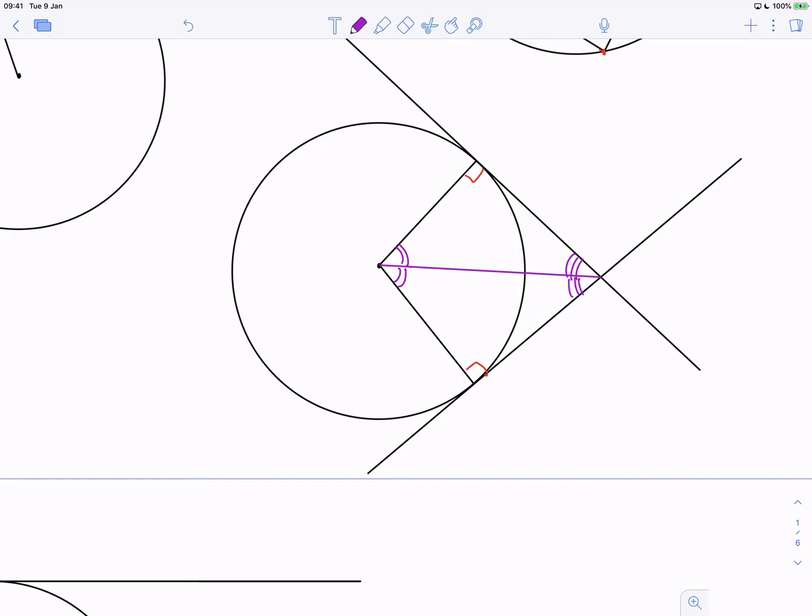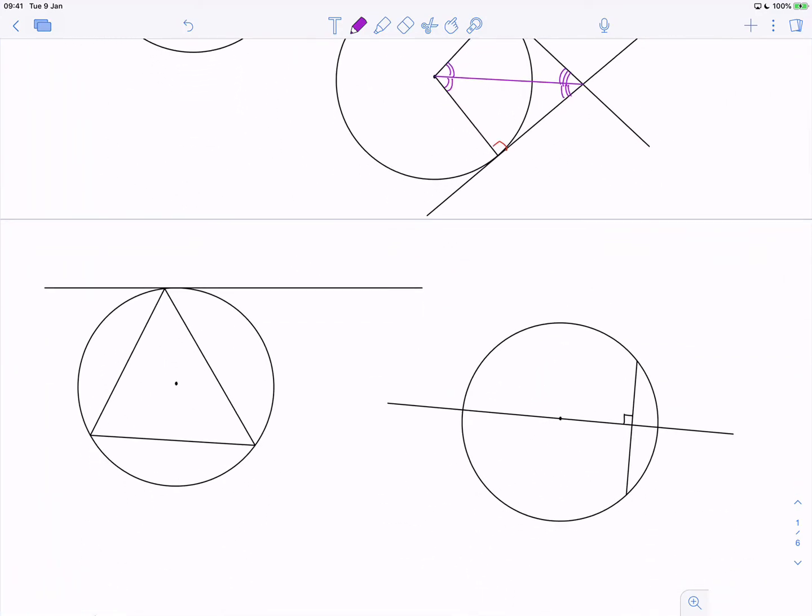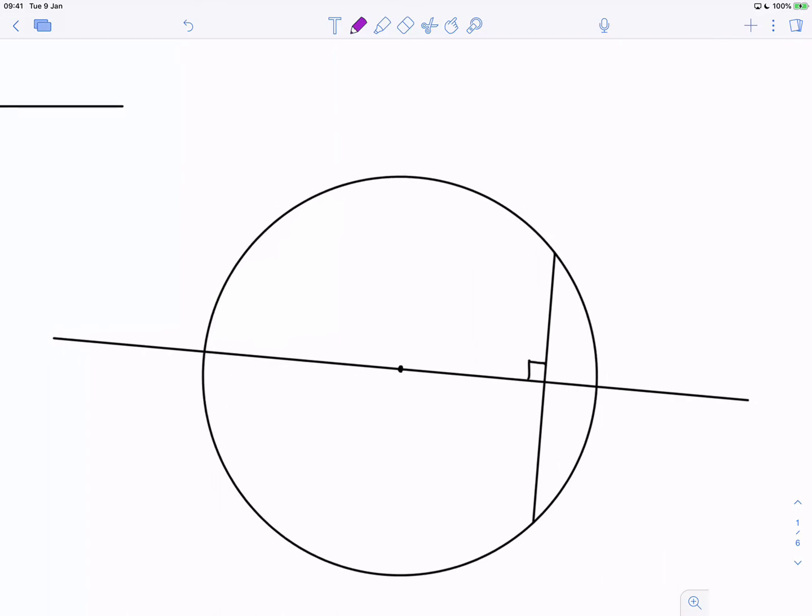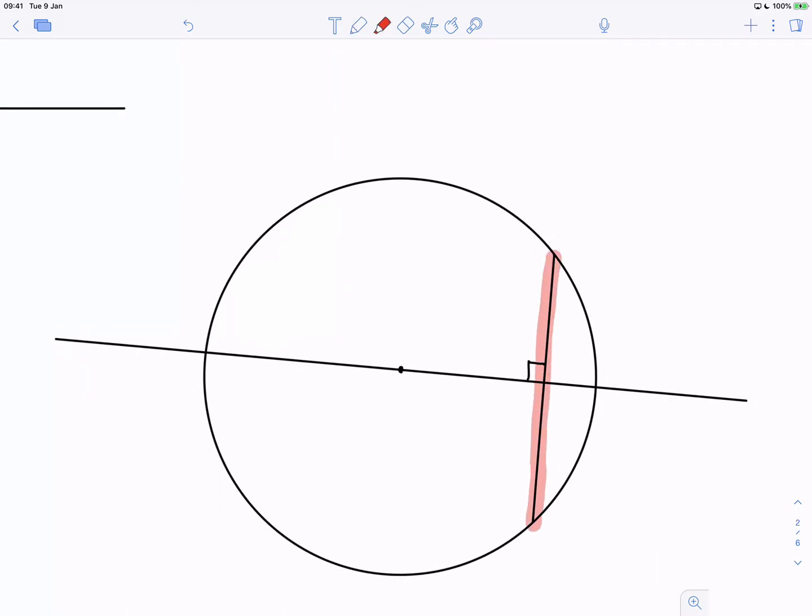How do I know this? Well, I need to first prove or talk about this one first. Whenever there's a chord, okay, and a radius bisects the chord, like so, there is a 90-degree angle at play.